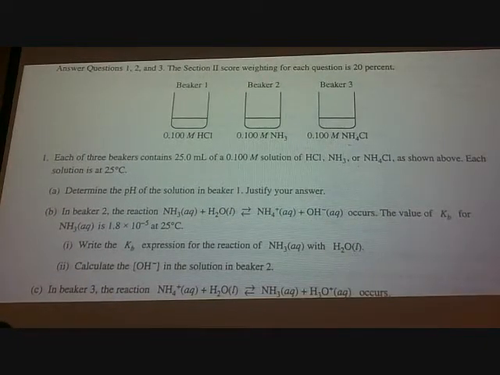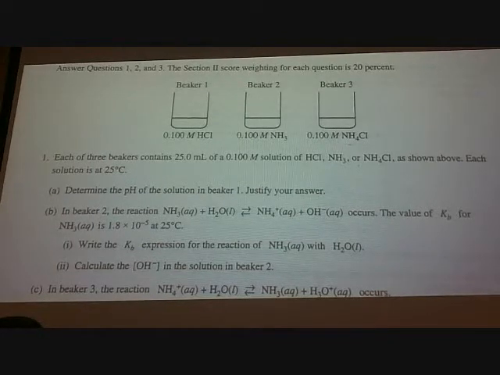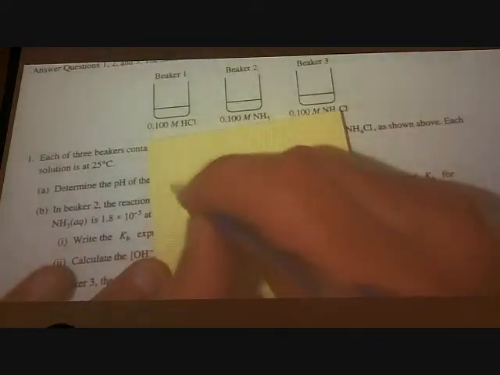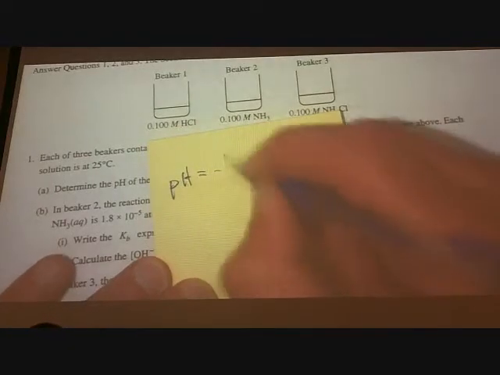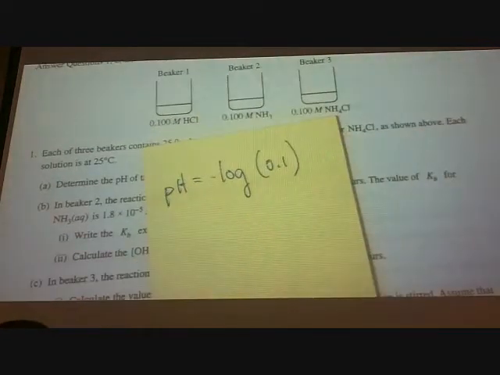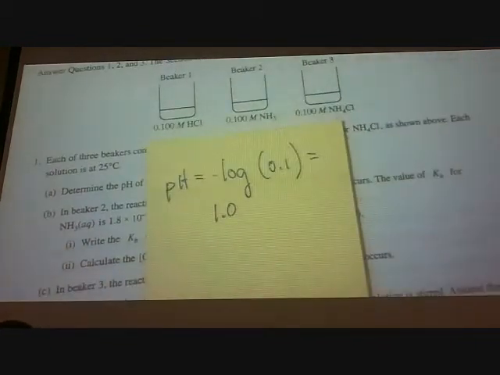Part A says determine the pH of the solution in beaker 1. Oh my God, that's so easy. Well, how do you do it? Pray to the chemistry gods we get a question like that. pH is the negative log of 0.1, right? This should be a non-calculator question.